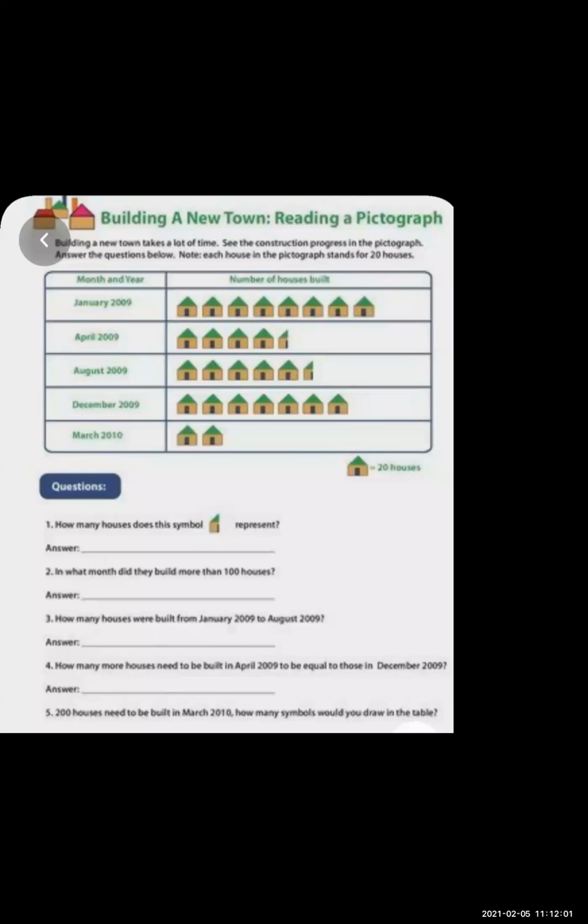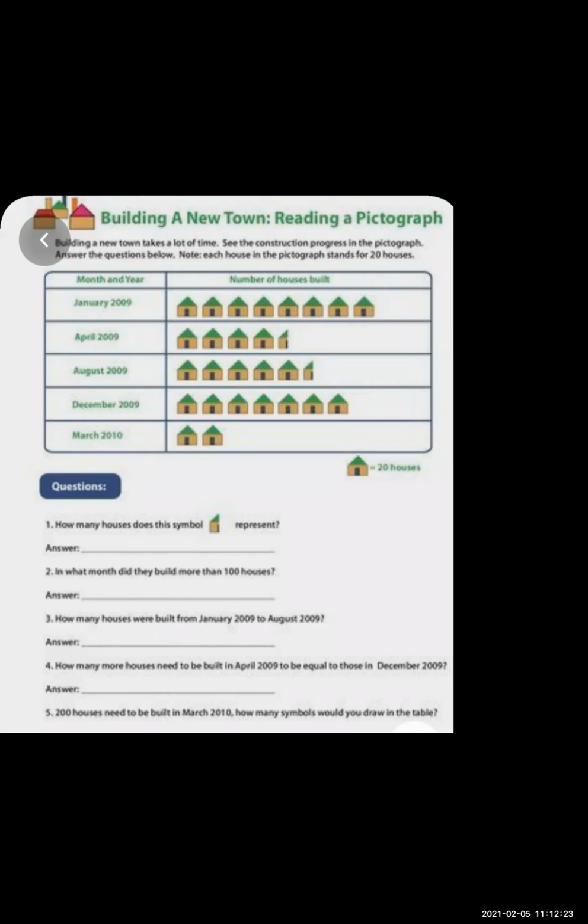Yes, in this image, scale is given. Yes or no? Sakshi, it is given. It is there.